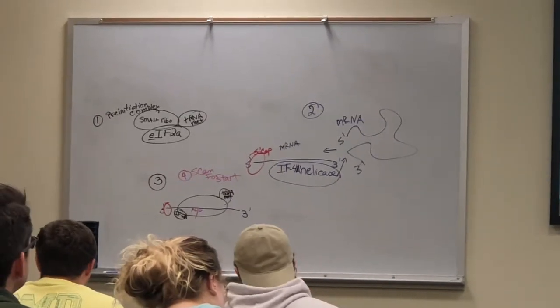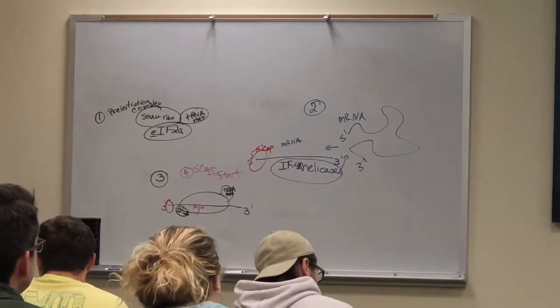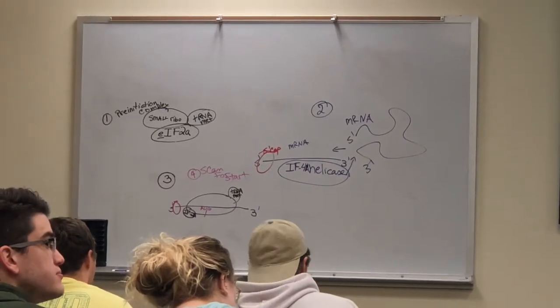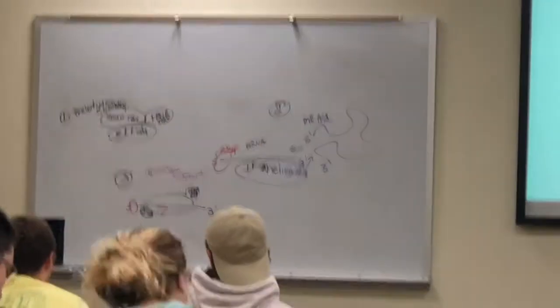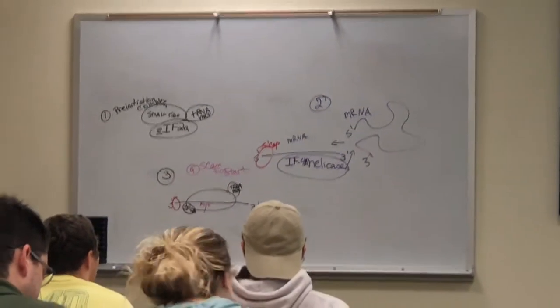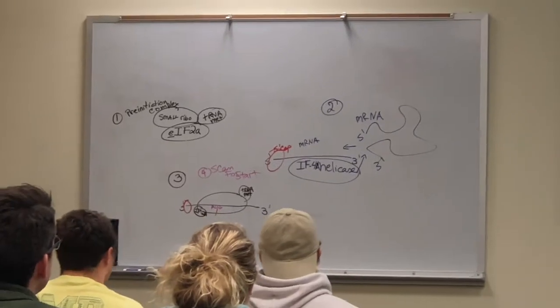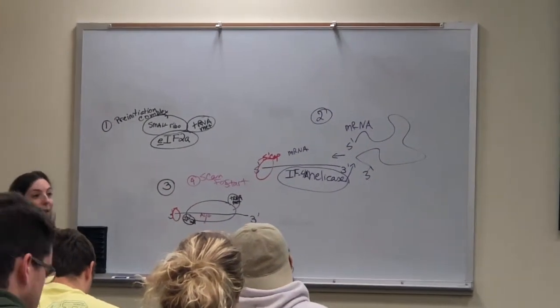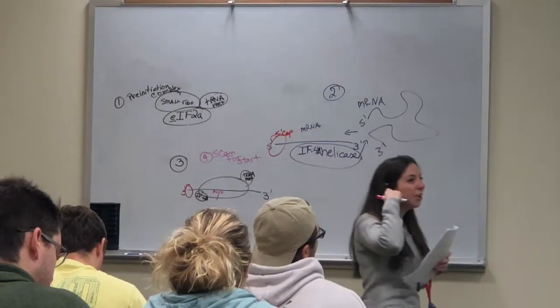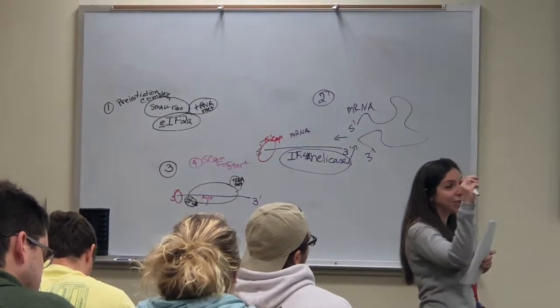Go ahead. Is the small unit moving, or is the mRNA moving, or both? And then is it in the A site or the P site? We do not have an A, P, or E site until the large ribosome binds, which is kind of crazy, right? You technically can't call them the actual sites just yet.